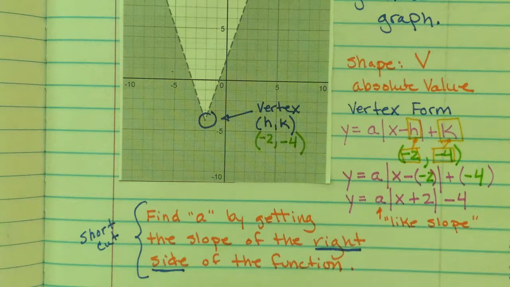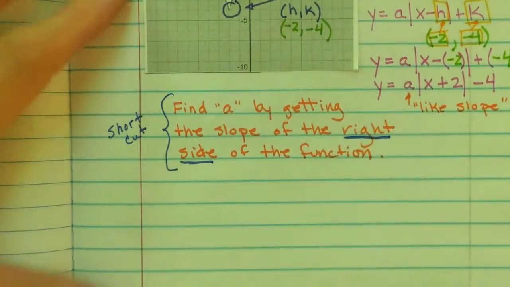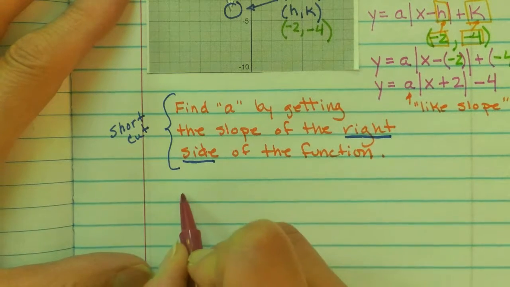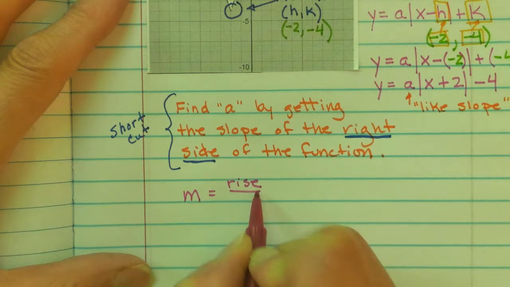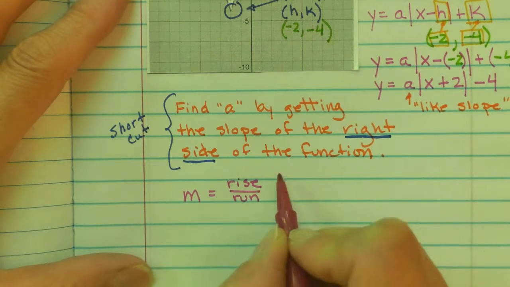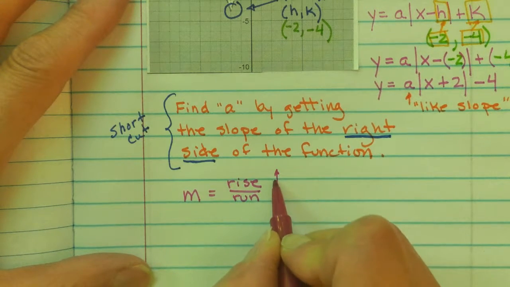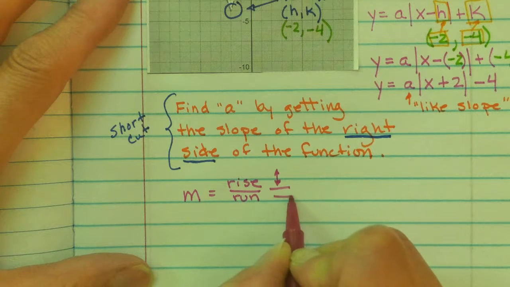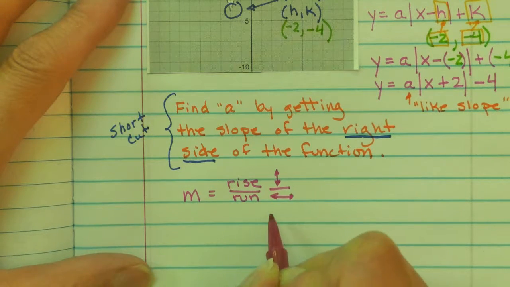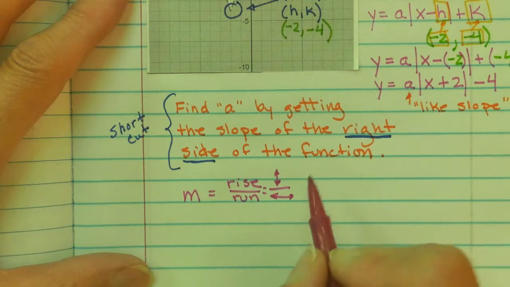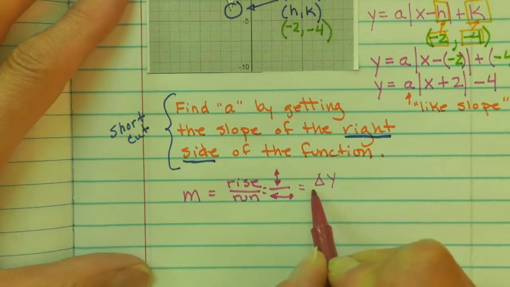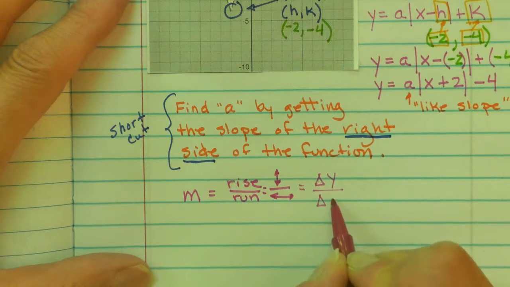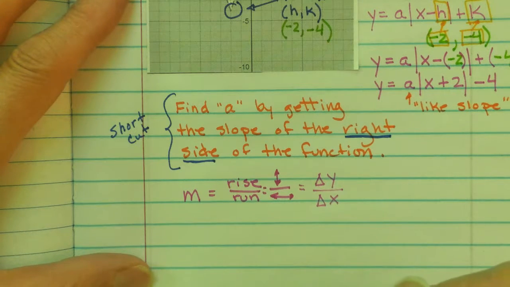So let's figure out slope. What is slope? Slope is rise over run. Rise is my up and down, and run is my left and right. We also write it as the change in y over the change in x.